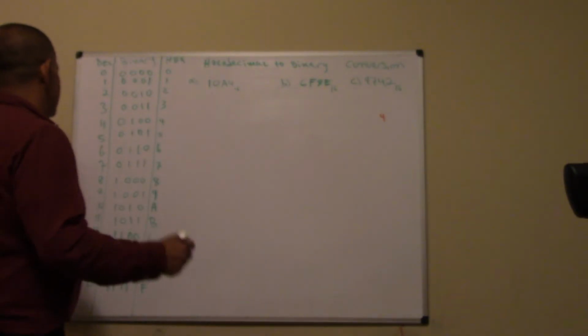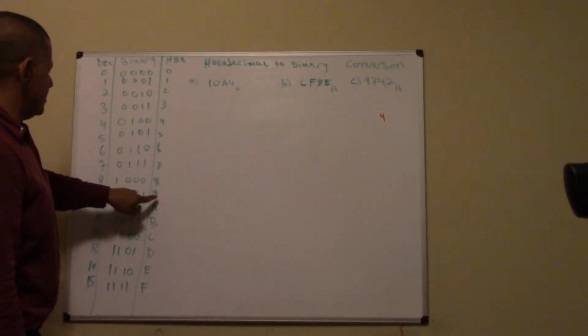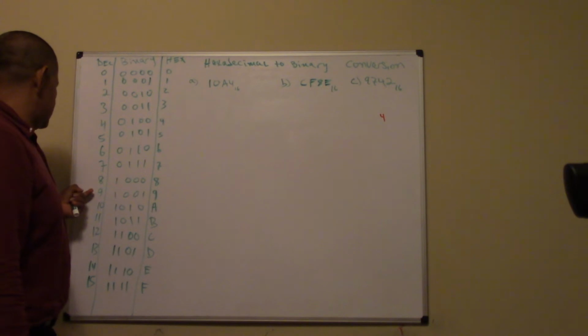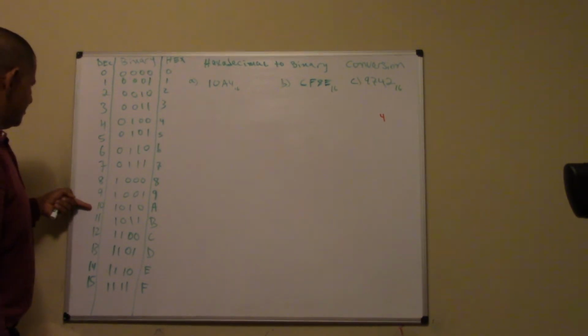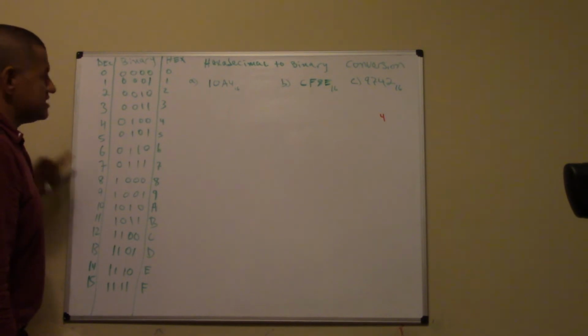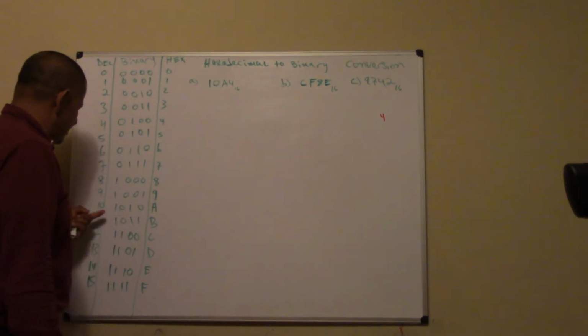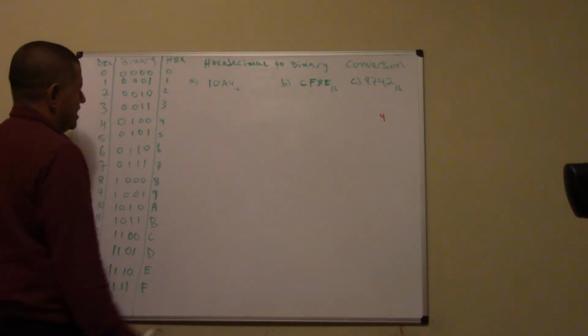Well, it's a good thing to remember that from 0 to 9 is just basic 0 to 9, right? It's just simple. It's the same in the decimal counting system. The only thing that is different here is starting from 10.